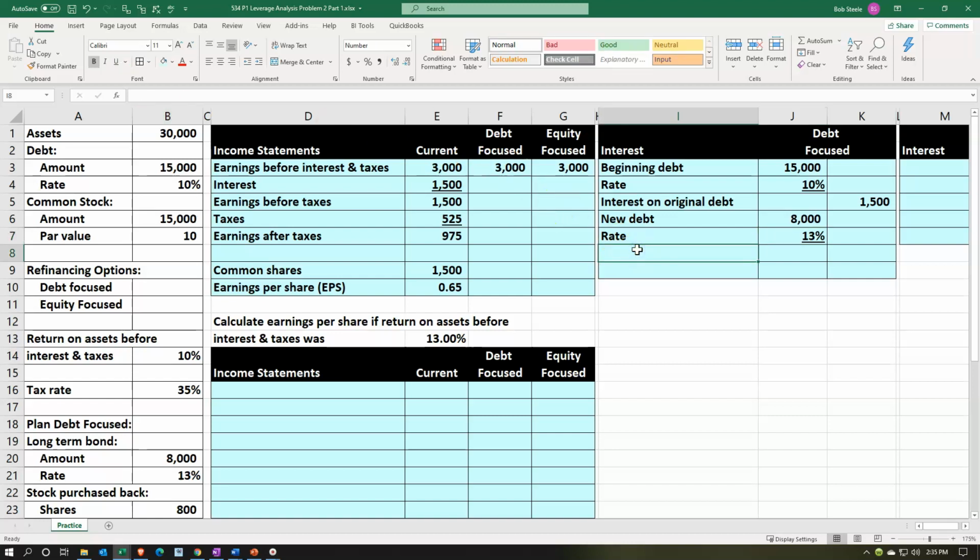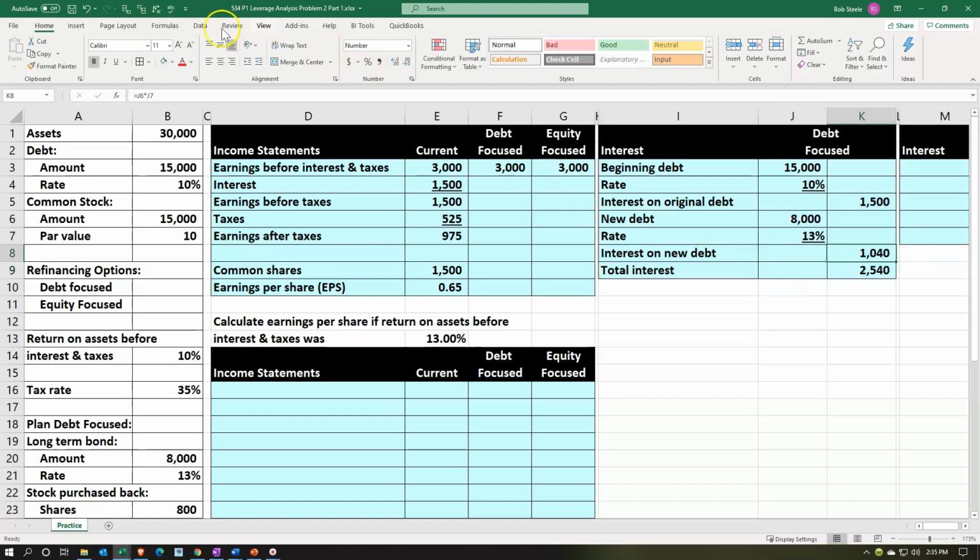That's going to give us our interest on the new debt. We'll put that in the outer column, which is going to be the 8,000 times the 13%, and that'll give us our total interest. Outer column is going to be equal to the sum of the prior debt interest and the current interest, and that'll be our total.